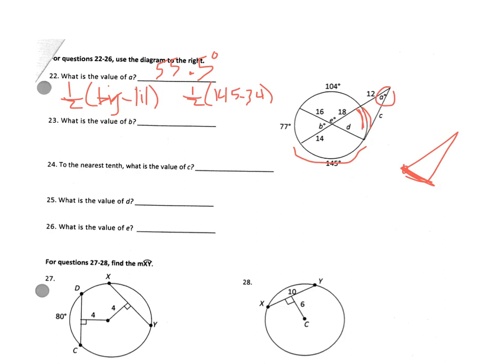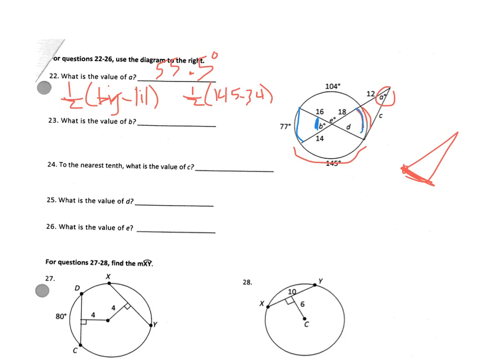Let's talk about B. B is an inside angle right there, but it's not just a central angle that matches 77. So the theorem that comes into play here is that angle B has to be 1/2 of arc and arc added up.